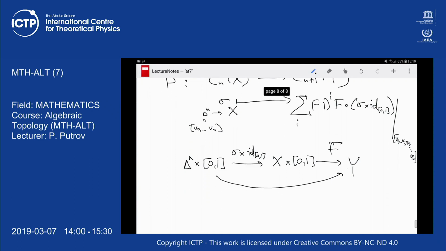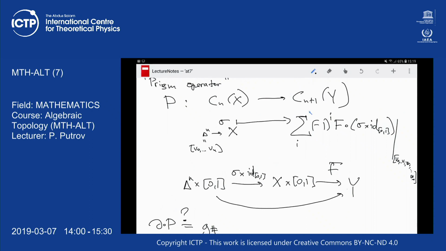And we want to show the following property, that the composition of D with P is the same as... But excuse me, by what does the dimension increase? Yes, so n goes to n plus 1. This index is often called the degree. So this was an n simplex, and this was an n plus 1 simplex.